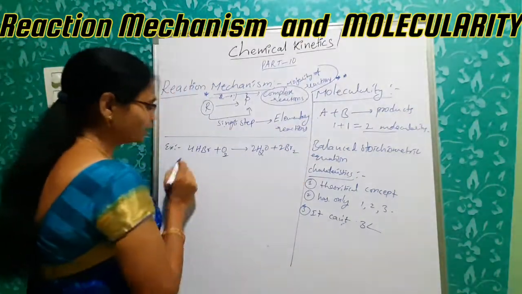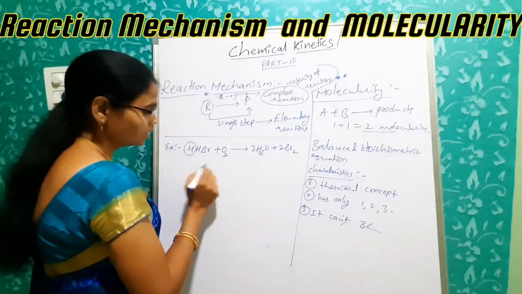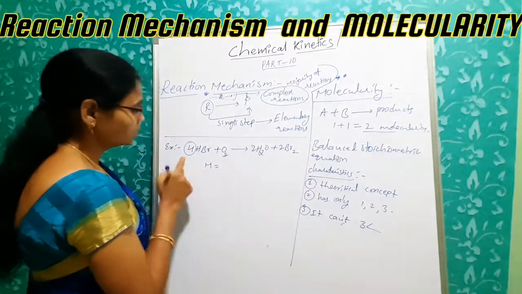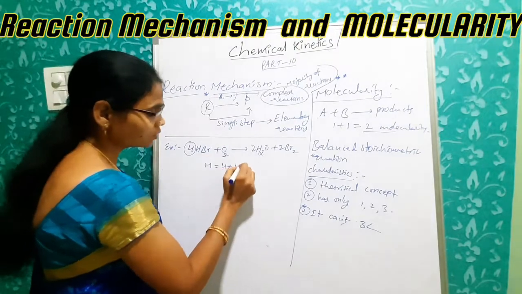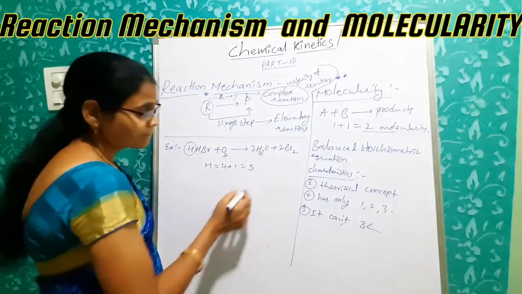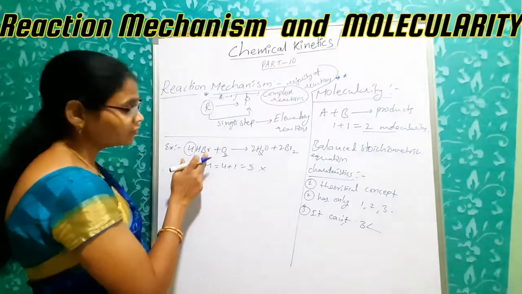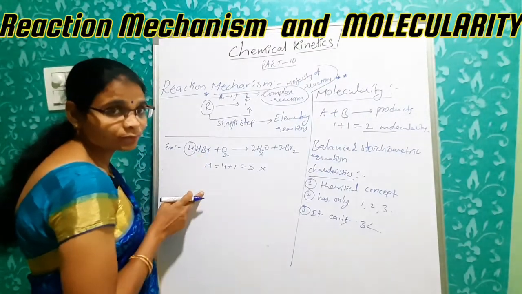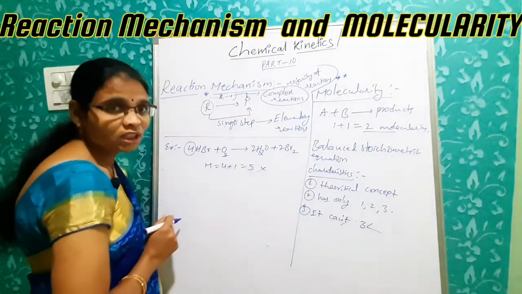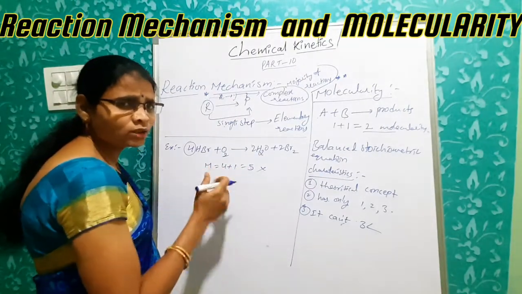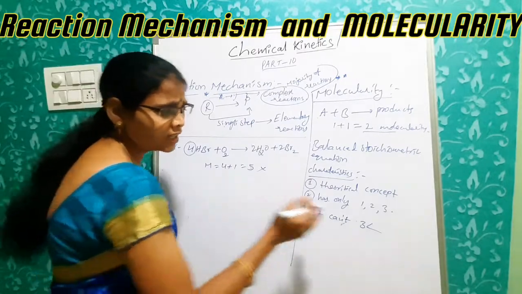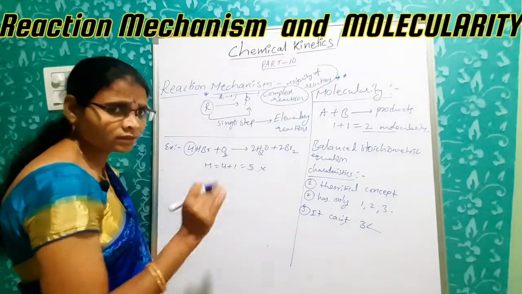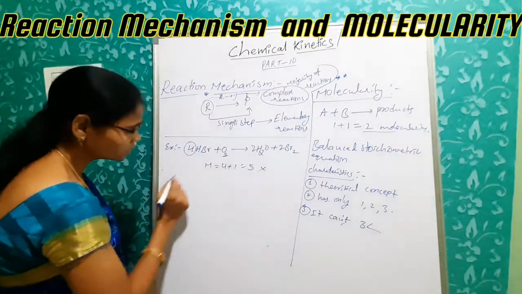In this balanced stoichiometric equation, the molecularity seems to be 4 plus 1 oxygen, 5. But this is wrong. It involves 2 or 3 steps for completion of this reaction. Each step has its own molecularity, not greater than 3. Clear?